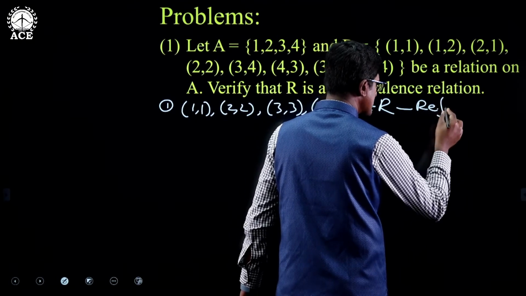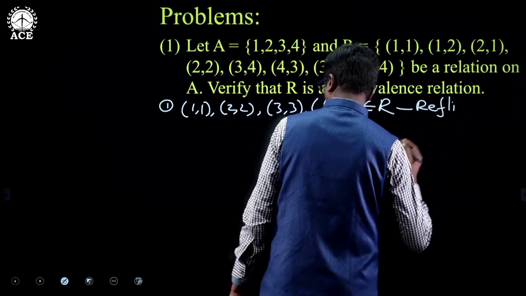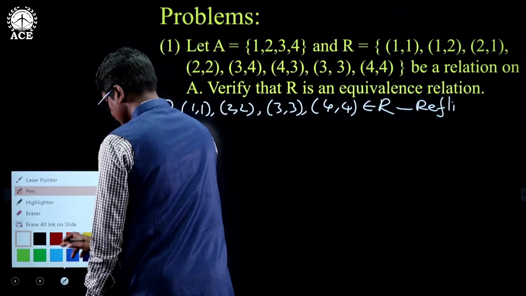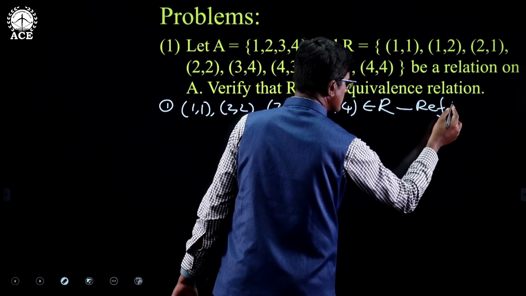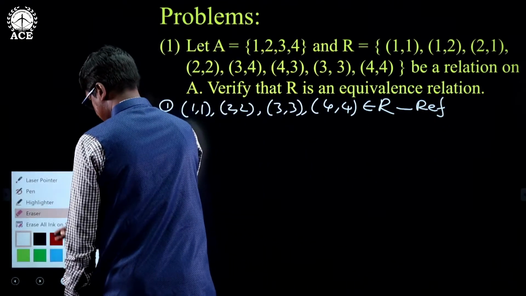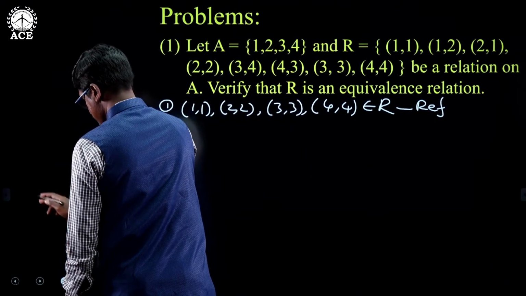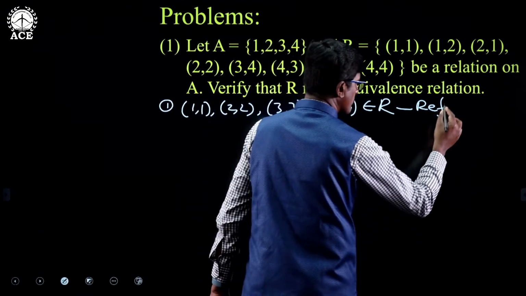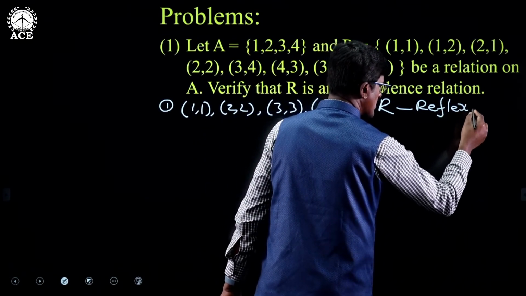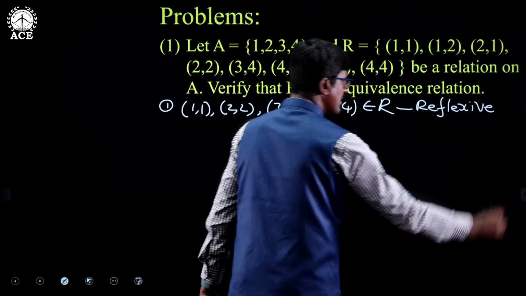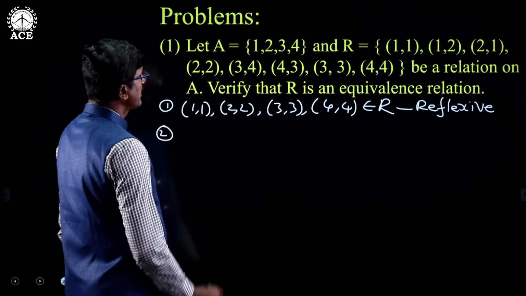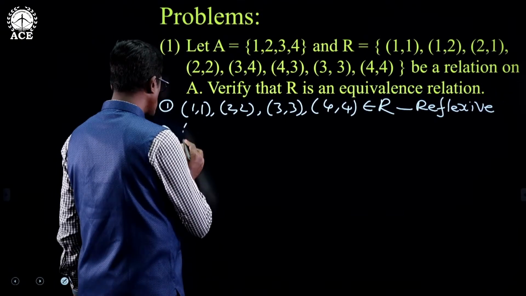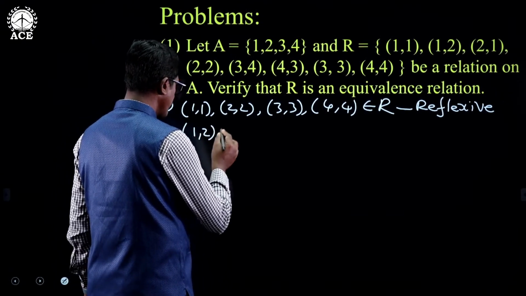The given relation is satisfying the reflexive property. Now, the second one. Here (1,2) belongs to R.